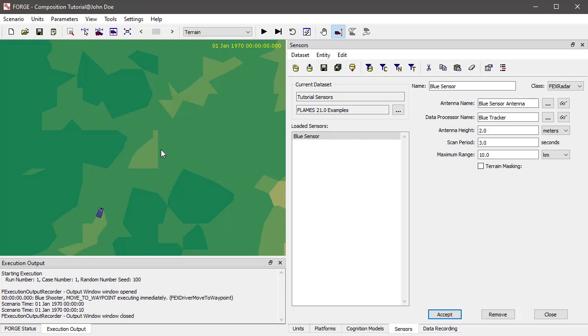If you allow your decision-making processes to have direct access to the true positions and states of the other units in the scenario, you are dramatically affecting the realism of the scenario, because your decision-making processes are being provided with data that does not realistically represent the data that's available in the real world.